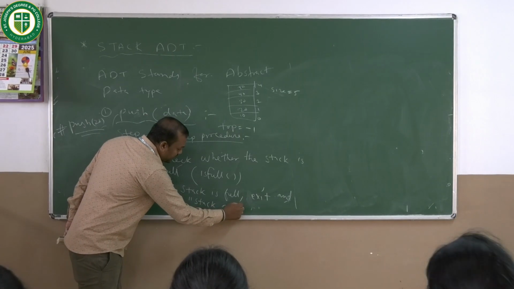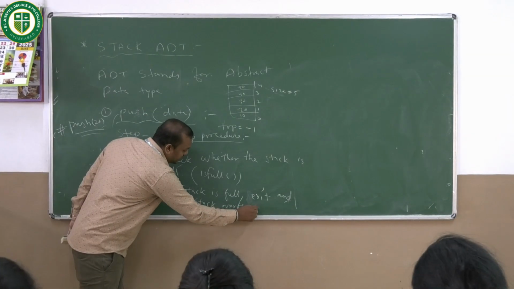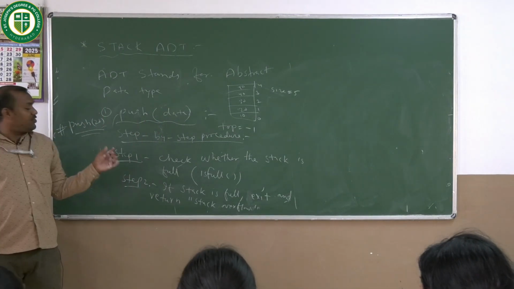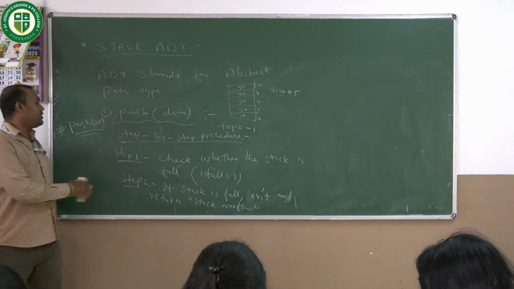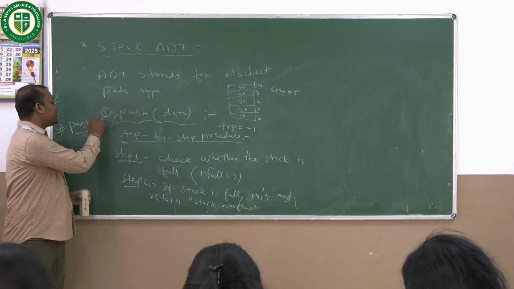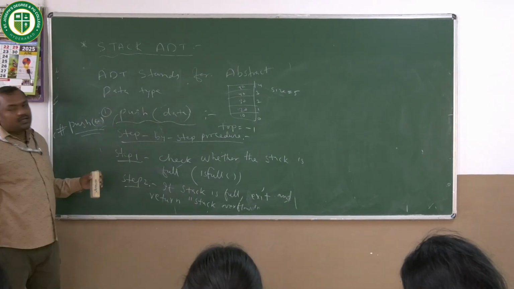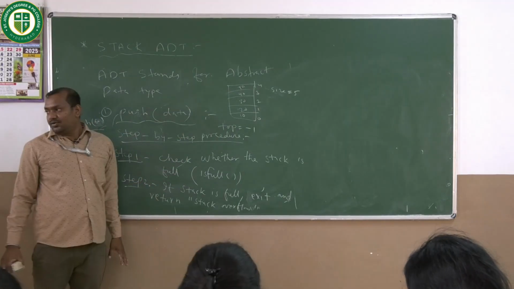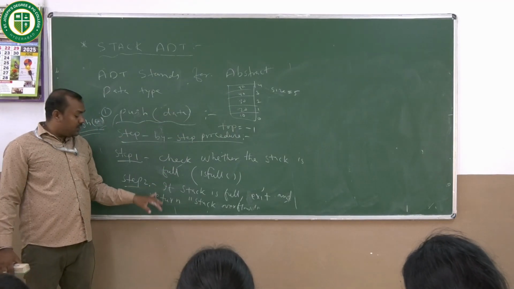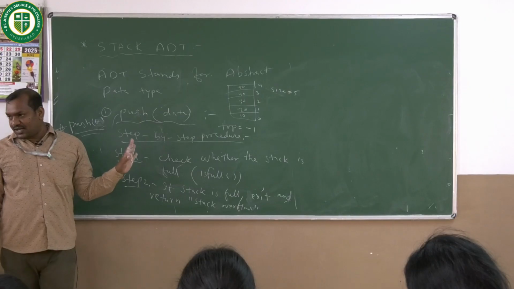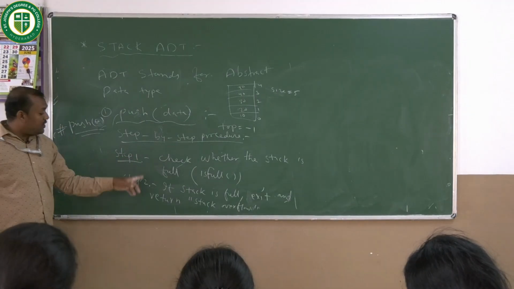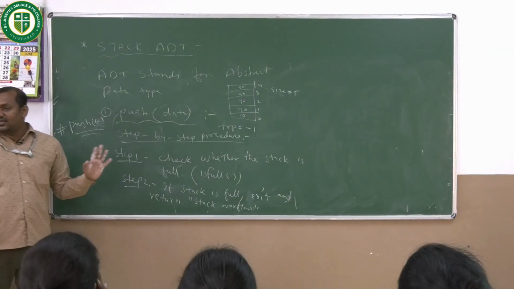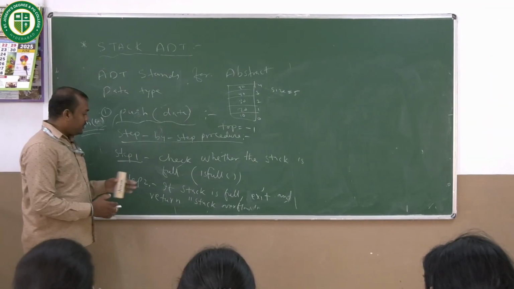This condition is called stack overflow. If the stack is full and we try to insert the data, for example 60, we cannot insert it because the stack is full. We can insert duplicate values also. So there are total 5 steps in this, but here it will stop. The remaining steps 3, 4, 5 will not execute. Okay, clear?